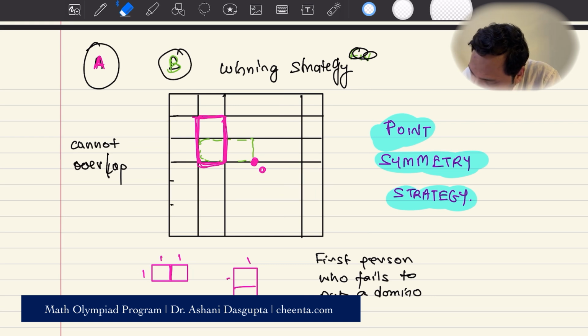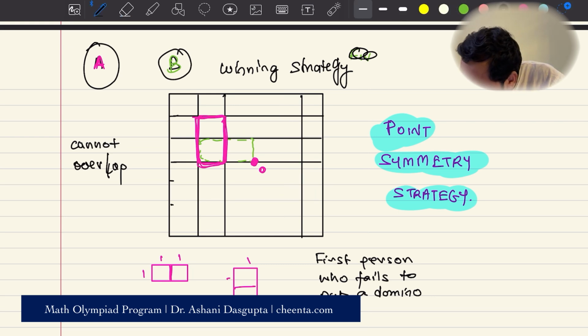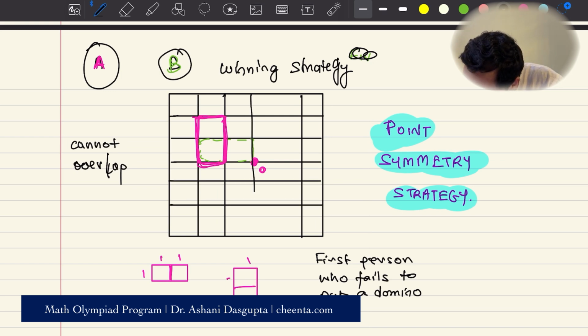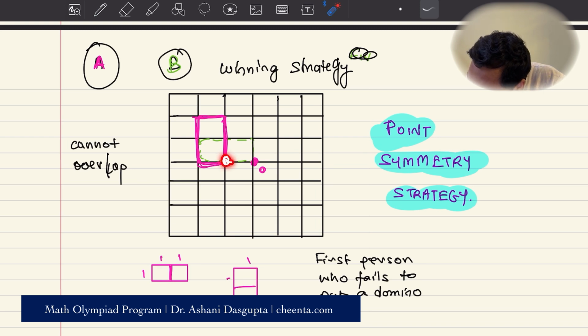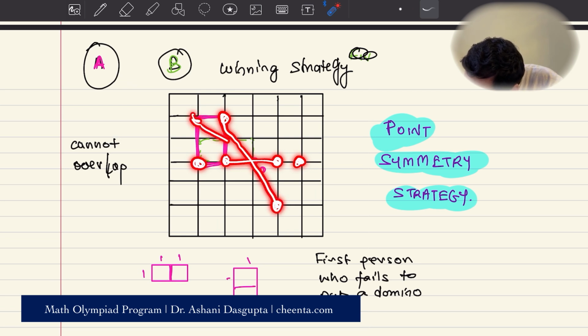Oops, sorry. So I'll just go ahead and erase this and just make sure to get the entire thing back. Okay. So the reflection of this point is this one, reflection of this point is this one, reflection of this point is this one, reflection of this point is this one.